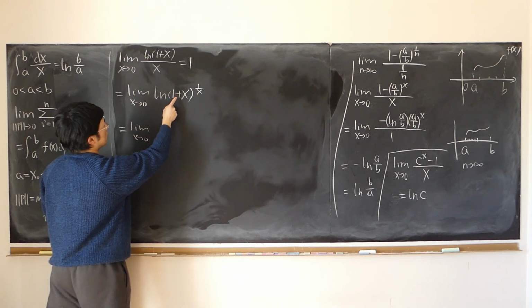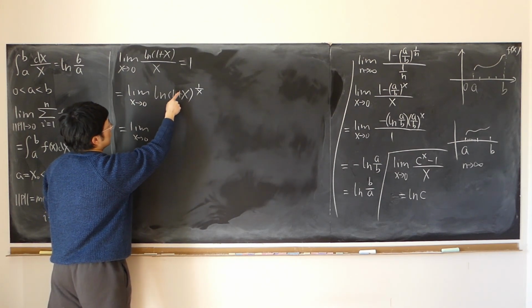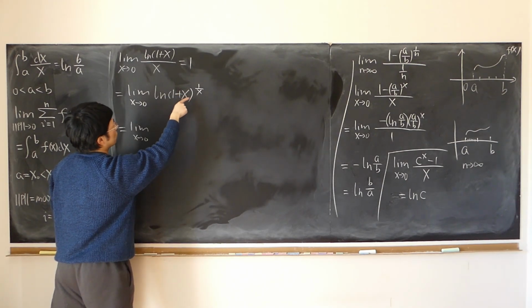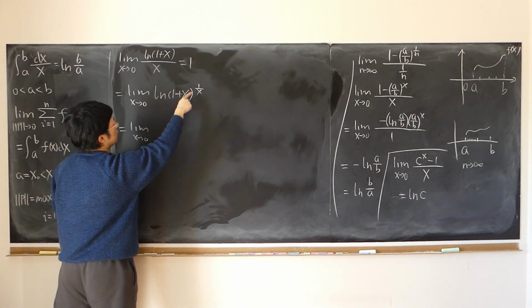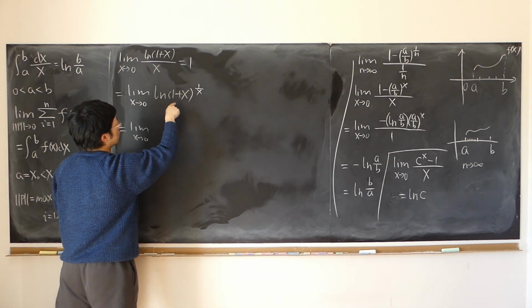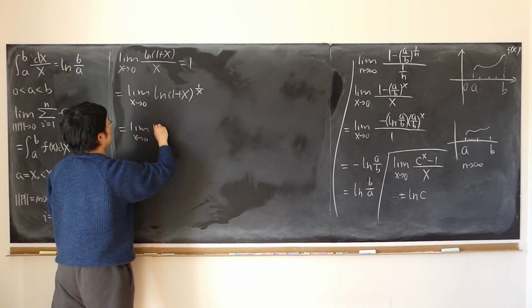So this is clearly exactly the definition of e, right? 1 plus x raised to the power 1 over x, as x approaches 0 and the power approaches infinity, is exactly e. Log e is just 1.